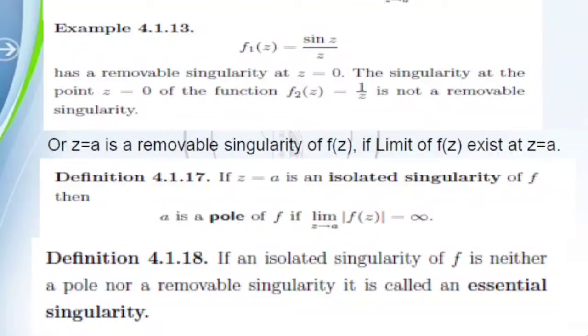When the limit as z tends to a of modulus of f of z is infinity, we can say that a is a pole of the function f of z. If it is neither a pole nor a removable singularity, we can say that z equal to a is an essential singularity.